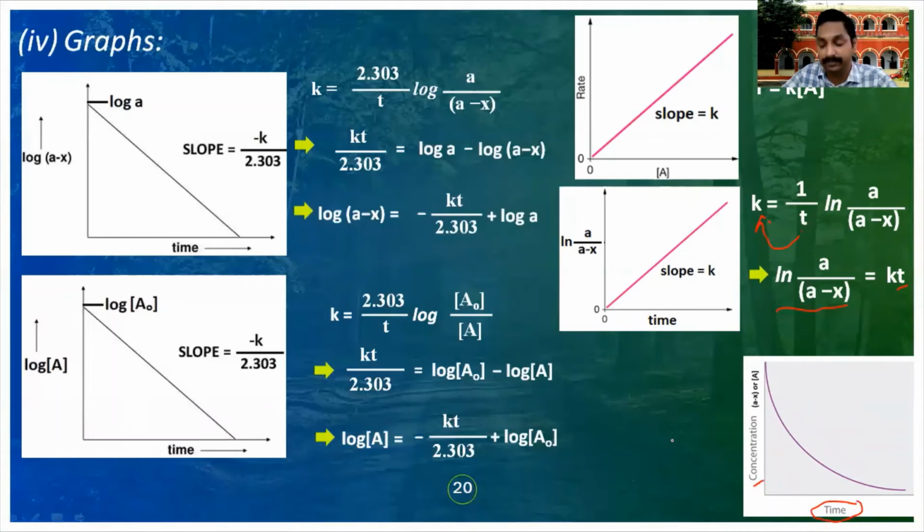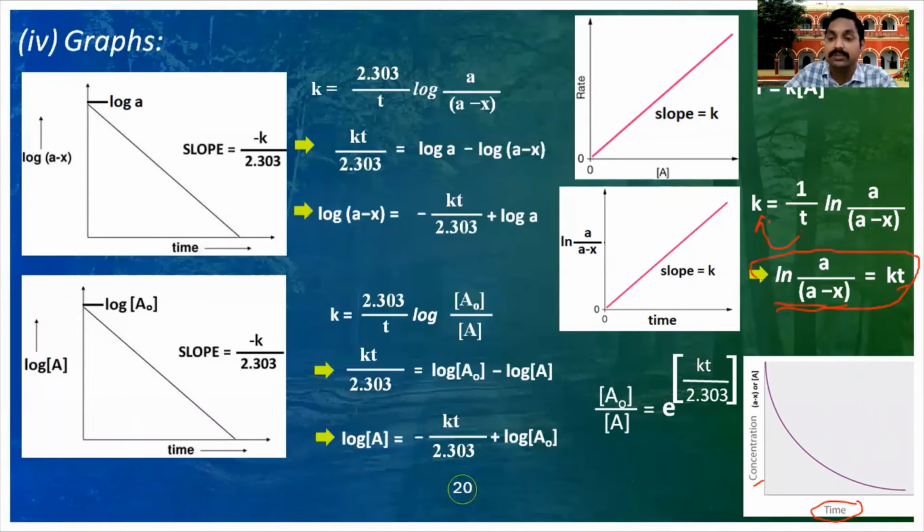How? We have got this expression from this equation. So if you see here, in place of small a we have a naught and in place of A minus x we have concentration of A, which means ln concentration of a naught by concentration of A is equal to kt.